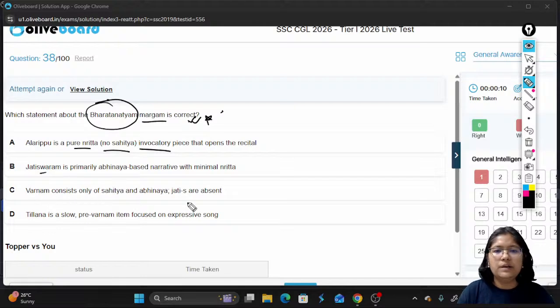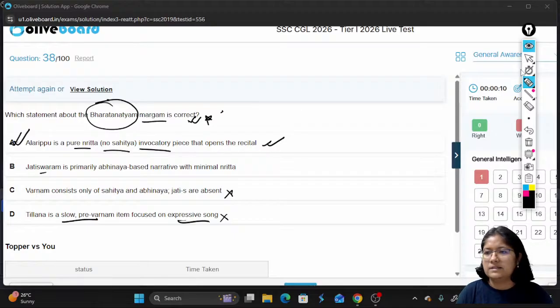Varnam consists only of sahitya and abhinaya. Jatis are absent. Tillana is a slow pre-varnam item focused on expressive song. So slow and expressive will not go hand in hand. So the correct answer here is Alaripu is a pure nritta, no sahitya, invocatory piece that opens the recital. So A is the correct answer.